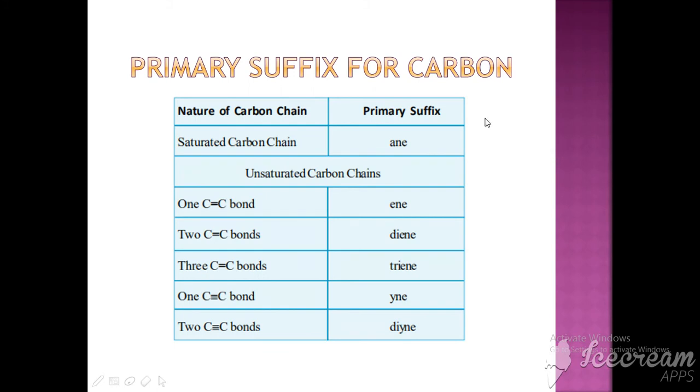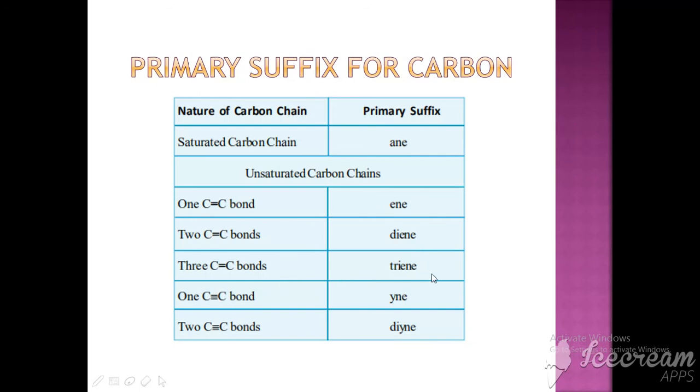Now we are going to deal with the primary suffix for carbon. The nature of the carbon chain given over here is saturated. As I discussed previously, a carbon chain having only single bonds is known as saturated. So it contains the suffix ane at the last. Similarly, for a double bond it's ene, and for 2 double bonds it is diene.